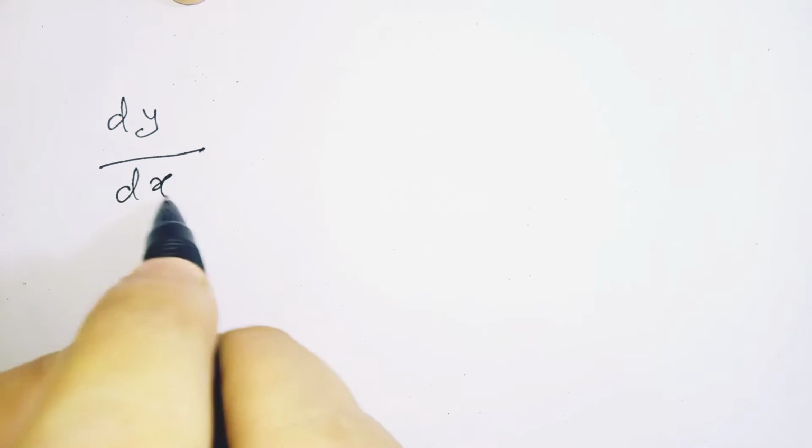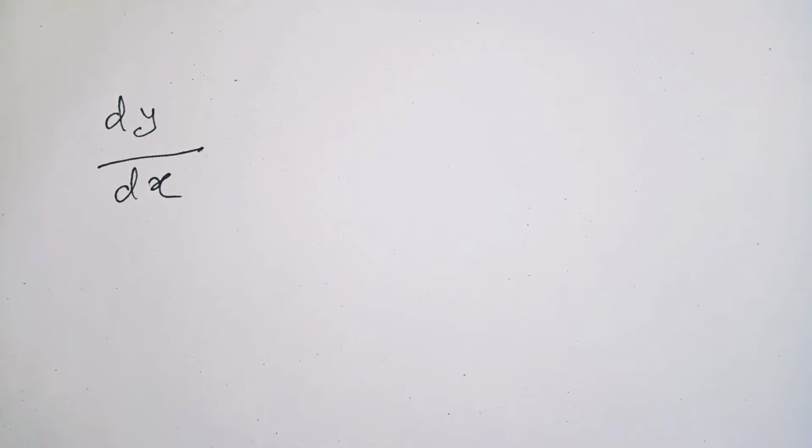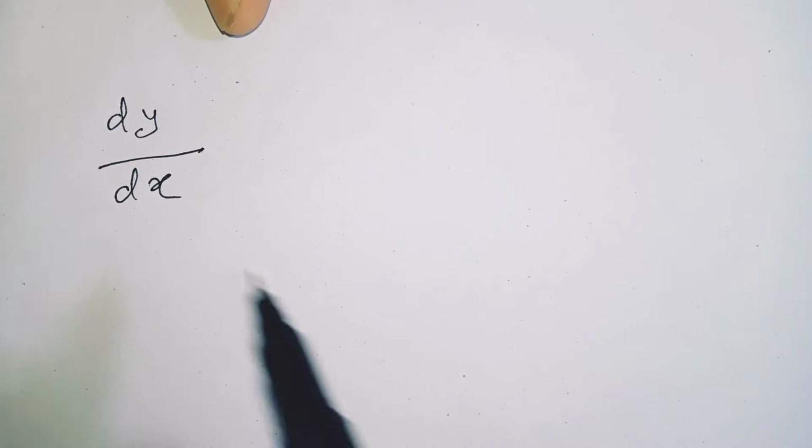Just to start with the notation, when we say, for example, I would just like to write it here, dy by dx, right? When we use this typical notation, what we are trying to tell over here is that we are differentiating.